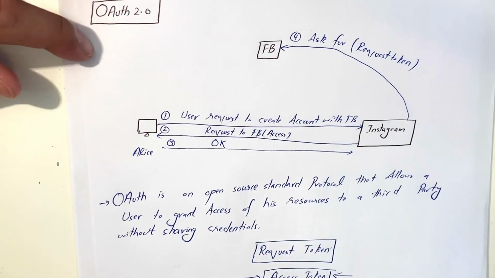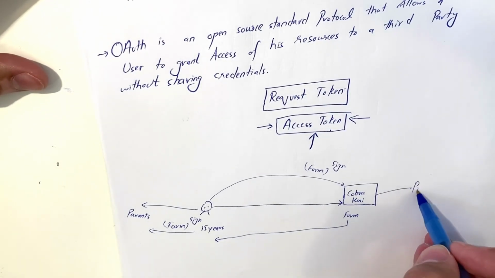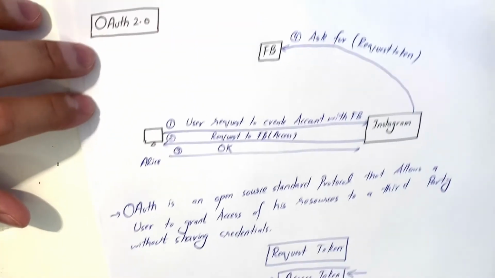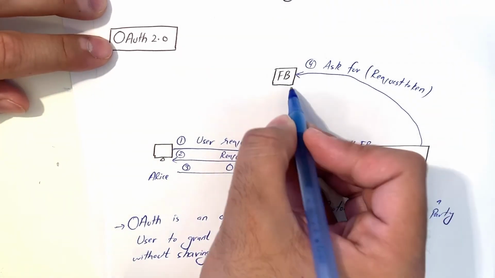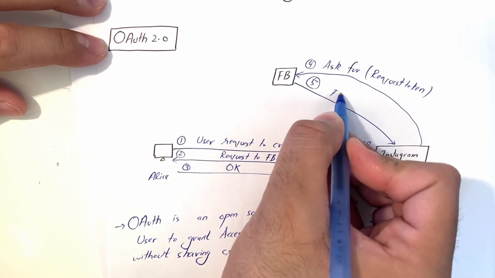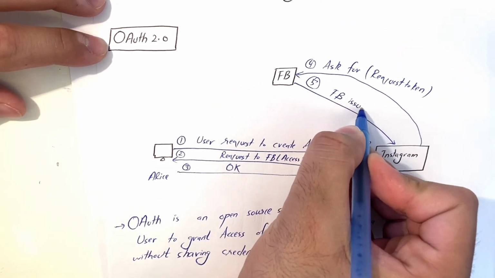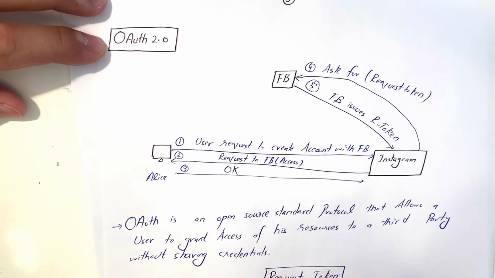It's like when you go to Cobra Kai and they don't have the form, they reach out to the printer and take a printout of the form. So Instagram asks Facebook for a request token, and Facebook issues the request token, which I'm naming R token.